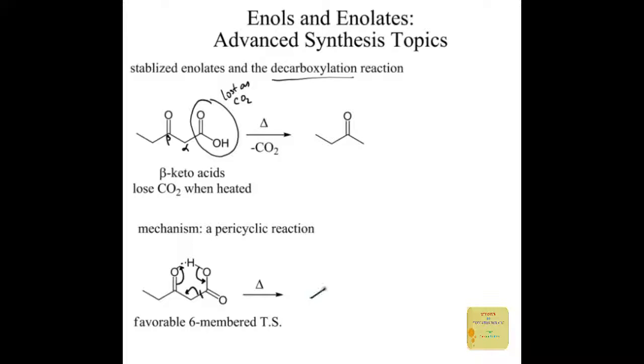So when we follow these arrows around, we end up with this product as one product and this product as another product. That's the result of that pericyclic step. And now let's think about what these products are. This guy is just carbon dioxide, drawn a little strange, but that's carbon dioxide, so we ejected that molecule. And what about this structure?